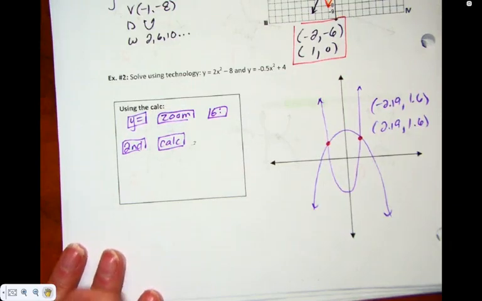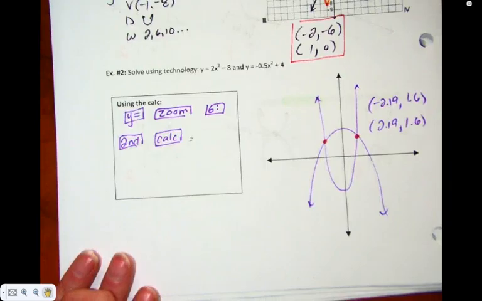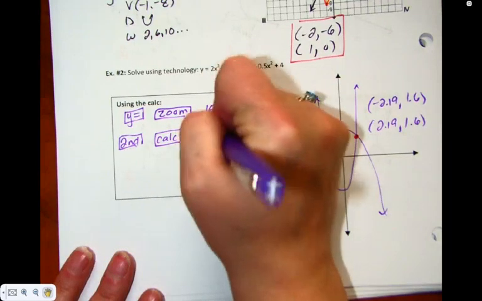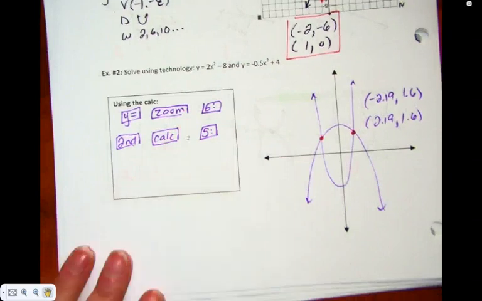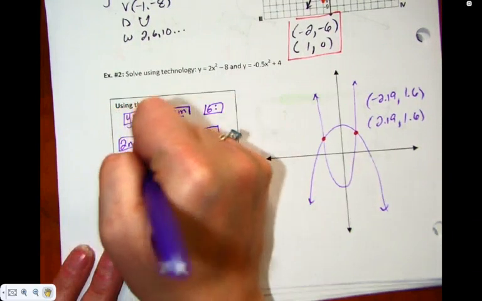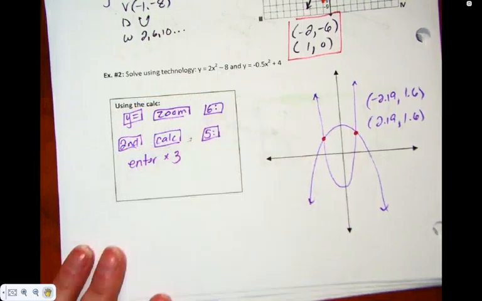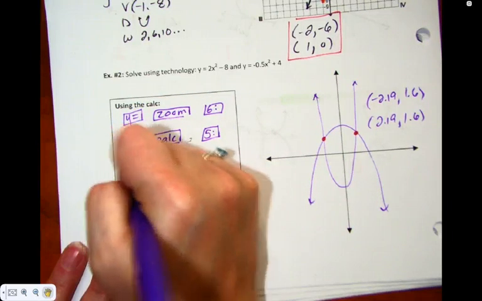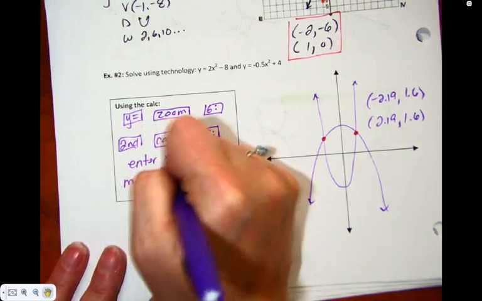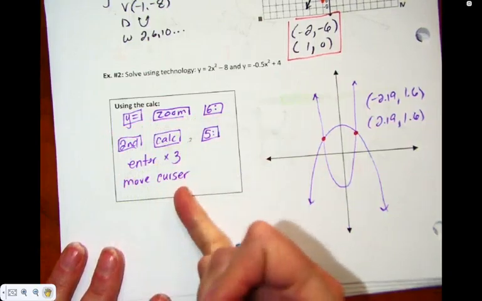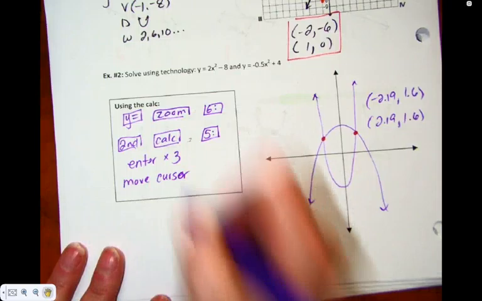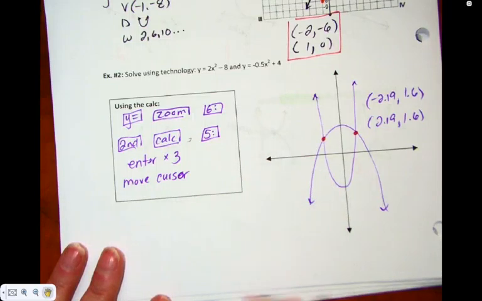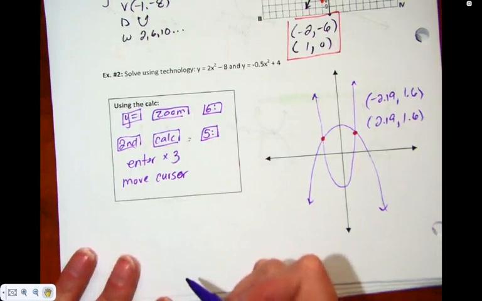What did we pick in second function calc? Number 5. And then we hit enter 3 times. And then I'll put move cursor and repeat.